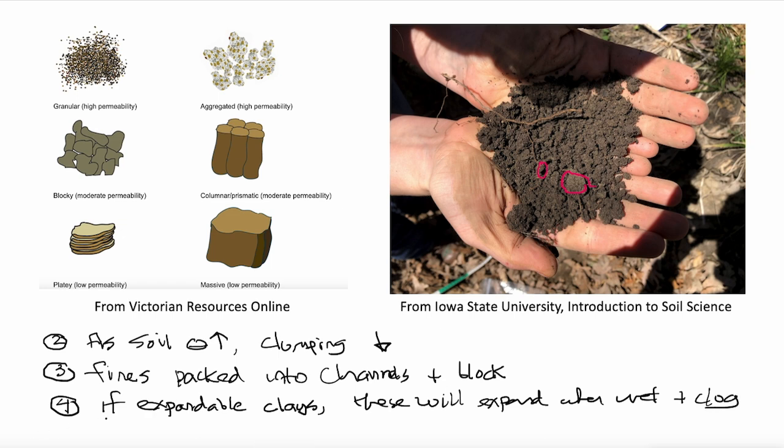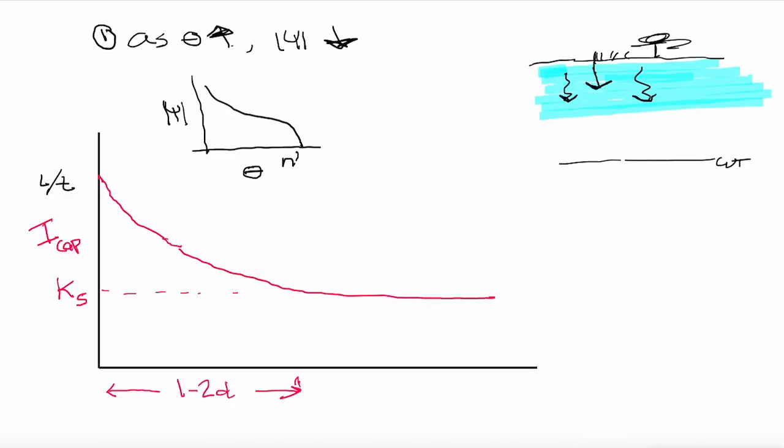If we just imagine clay particles swelling, the openings around them decrease in size and clog. And there you have the main reasons why, when we see an infiltration event, the initial infiltration rate is high, and with time, as those processes take over, the infiltration rate decreases until we get to a long-term average that is equal to the saturated hydraulic conductivity, K sub S.